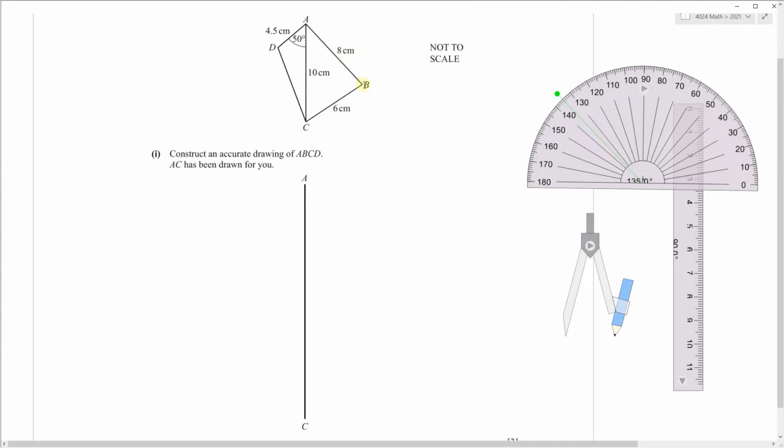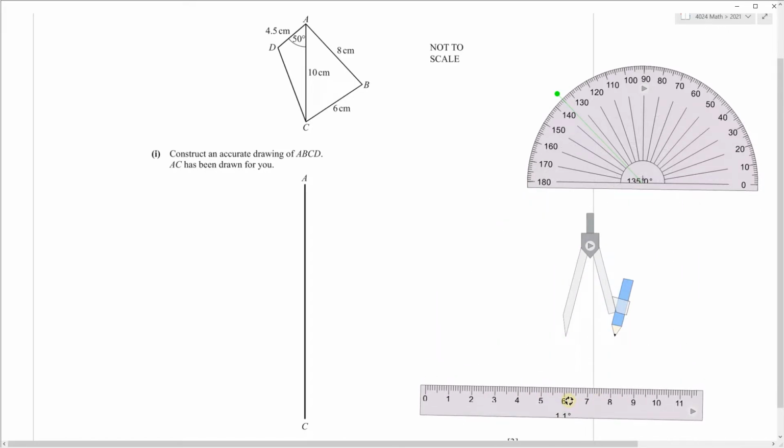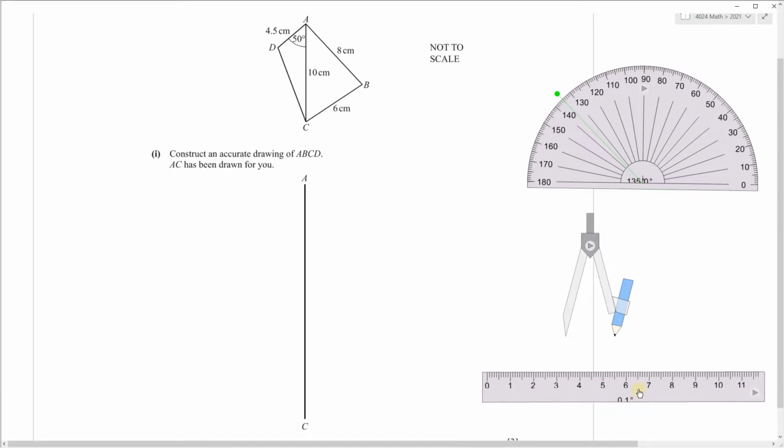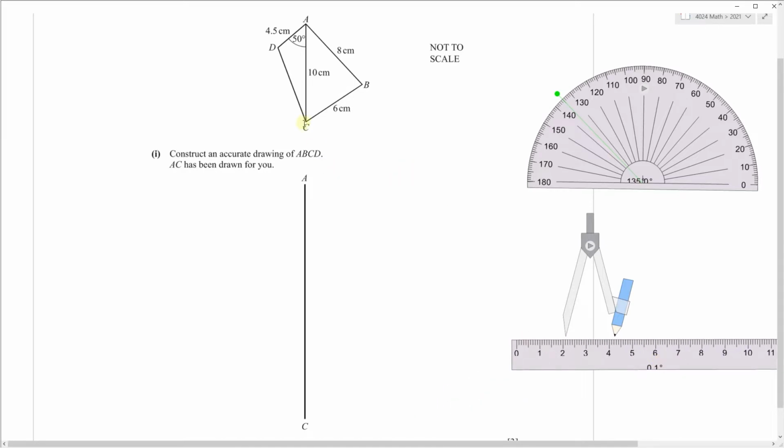So I can draw two arcs, one from A, another from C, to find the position of point B here. So let's do that. First, I'll open my compass 6 centimeters and draw an arc of 6 centimeters away from point C in this direction. So let's open our compass up to 6 centimeters.